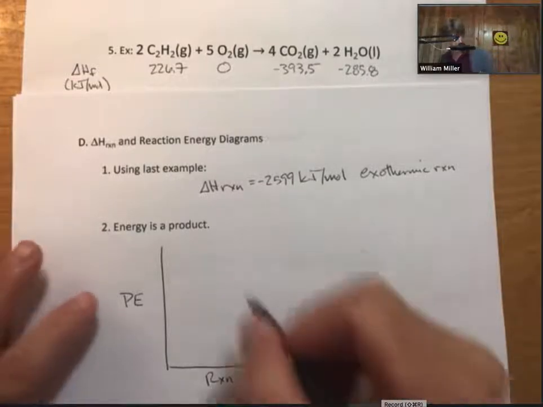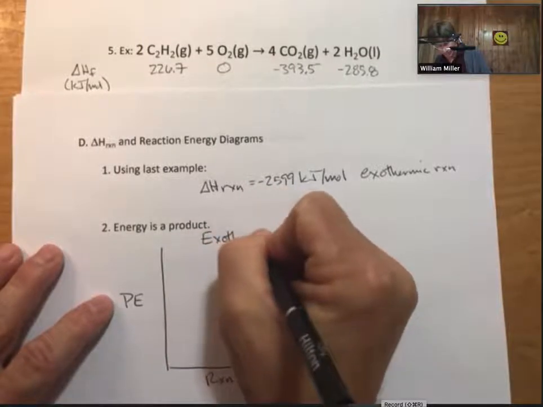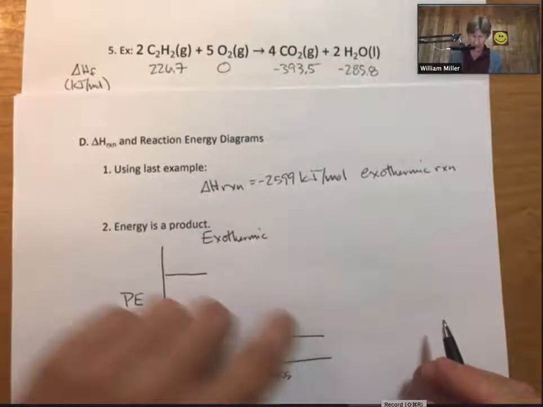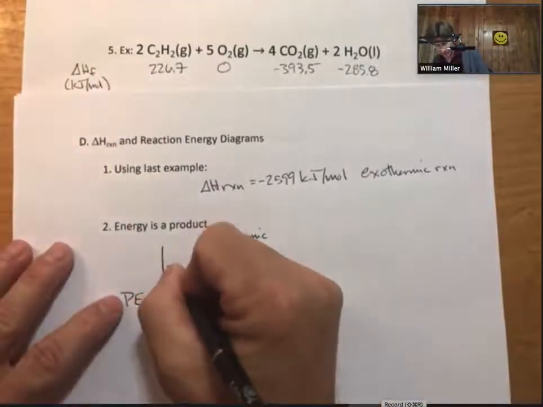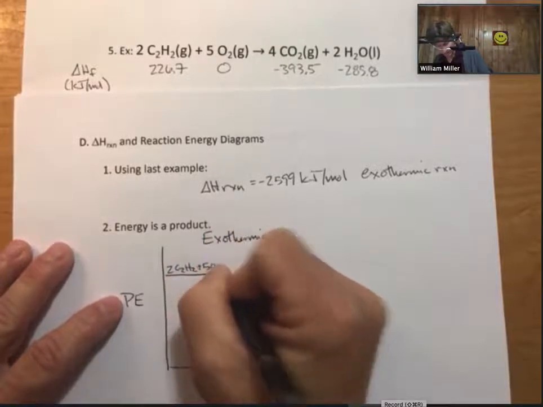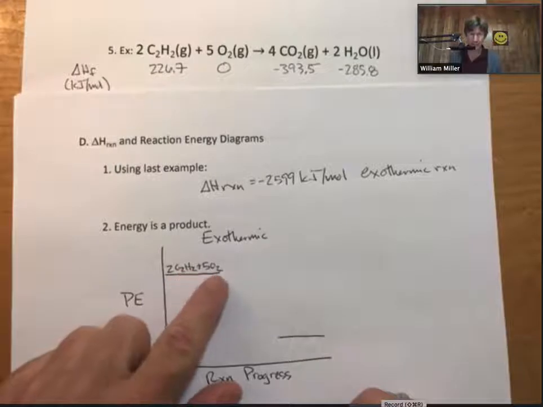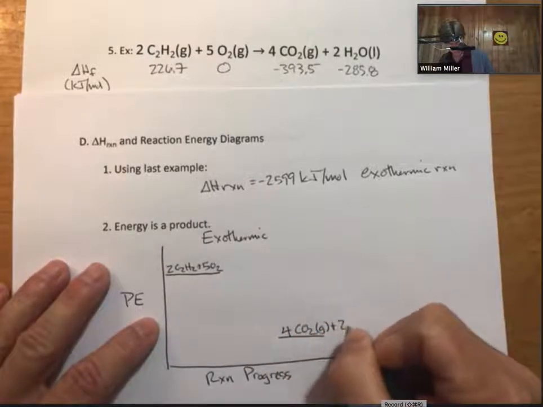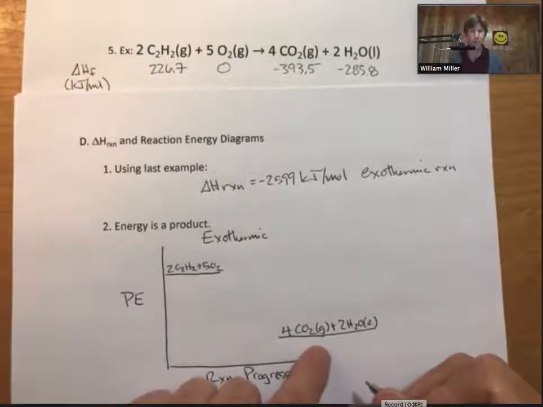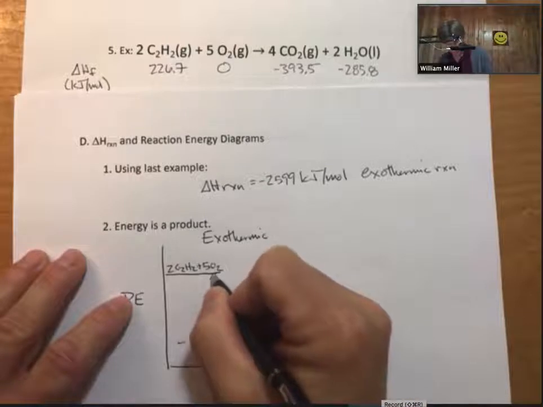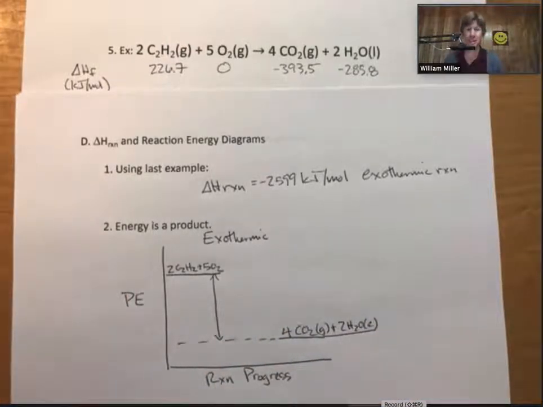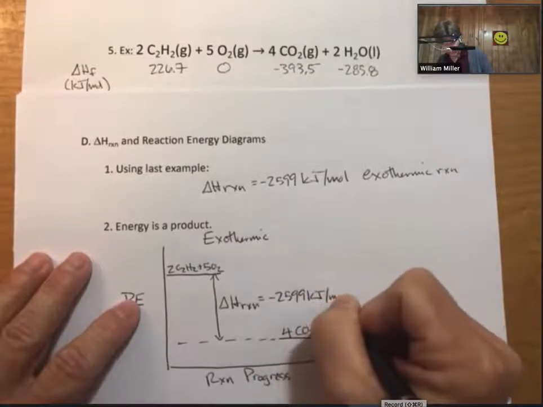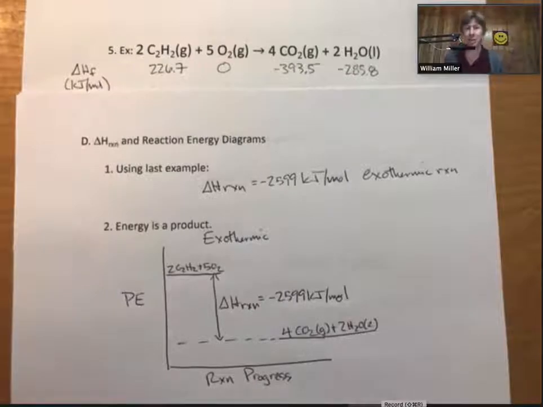And for an exothermic reaction, what I'm suggesting is that as you go from reactants, here 2 C2H2 plus 5 oxygen, from the potential energy stored in the bonds here to the potential energy stored in the bonds of the products, the difference in the potential energy is going to be equal to delta H reaction, minus 2,599 kilojoules per mole.